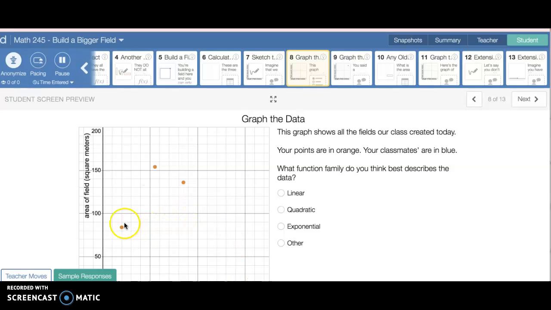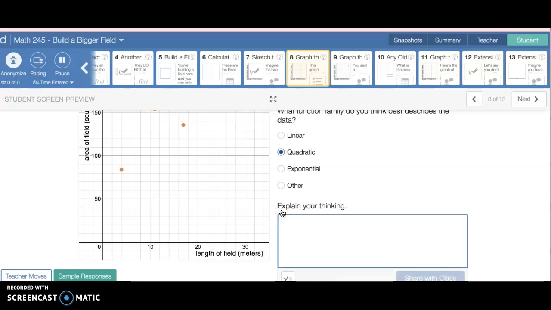When looking at my points, we can see that it does create a shape. And looking at this shape, if I had a pen now to try to show you, you would see that it's opening downward. And knowing my previous knowledge, I would know that that means that it is quadratic.